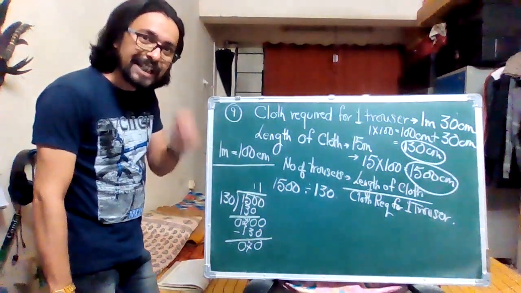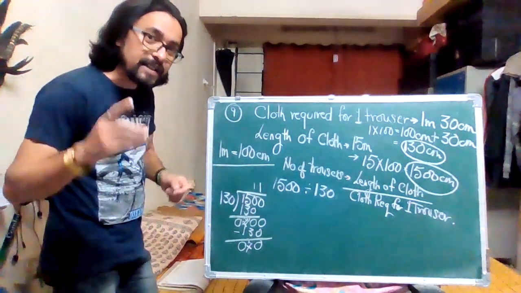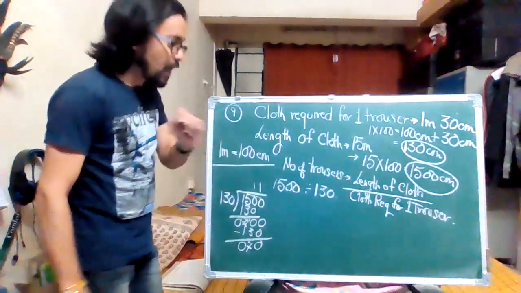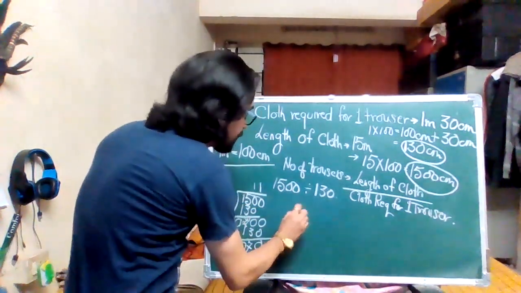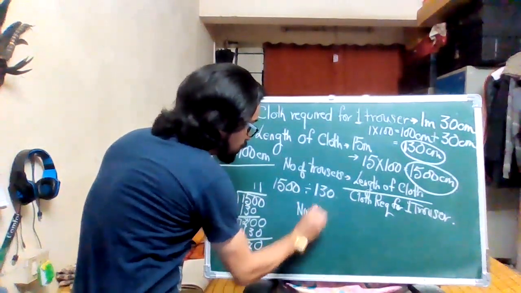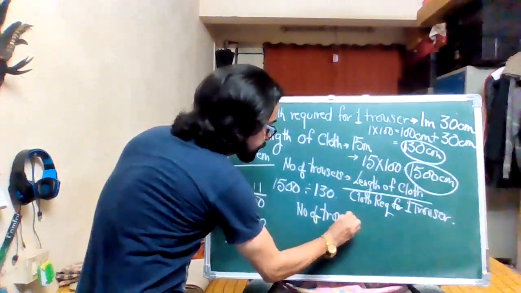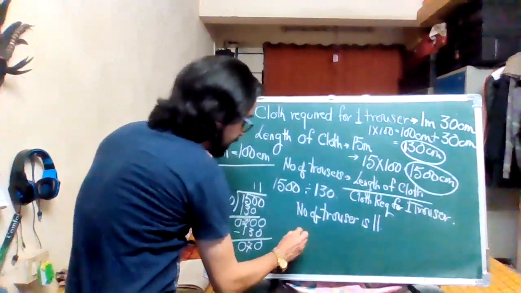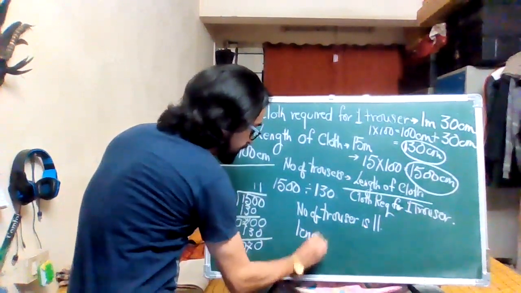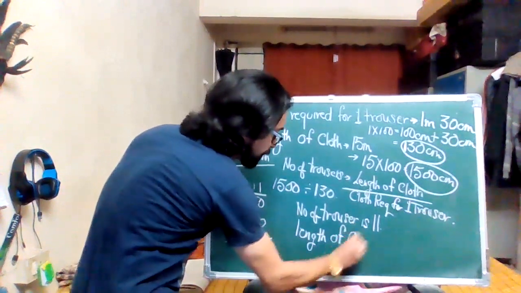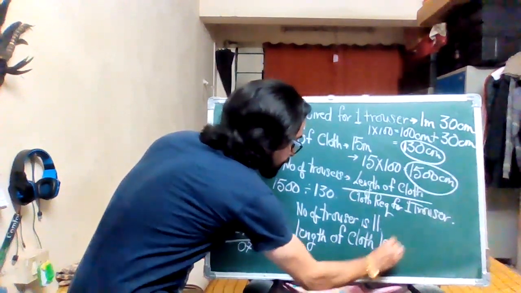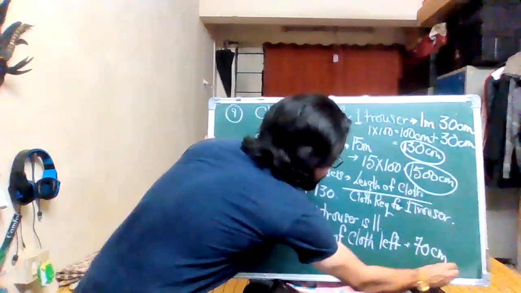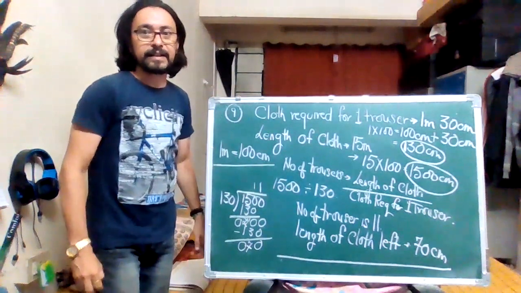That means he can make 11 trousers. But when he cuts the last piece, he is still left with 70 centimeters. So I come to my final answer. The number of trousers is 11. Length of cloth left, 70 centimeters.